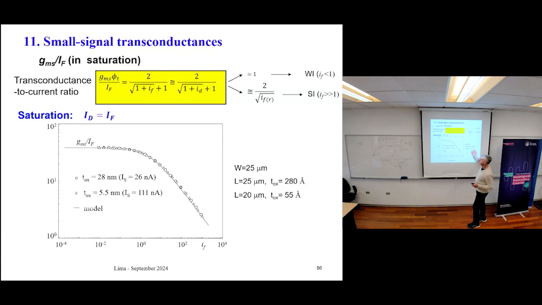And the second technology has an oxide thickness of 5.5 nanometers. In this case, the technology, I suppose, is 180 nanometers. There is a rule that we apply: the minimum channel length is around 40 times the oxide thickness.